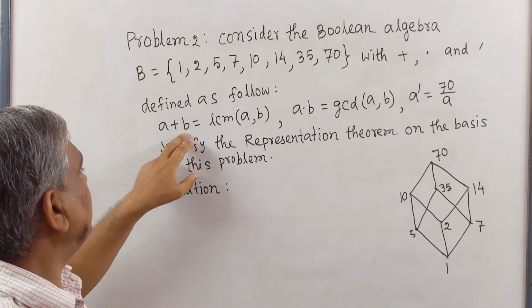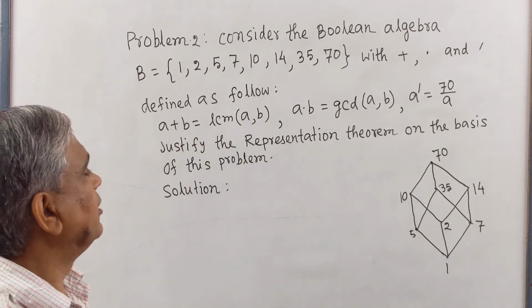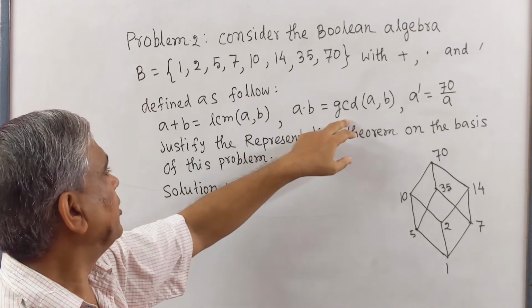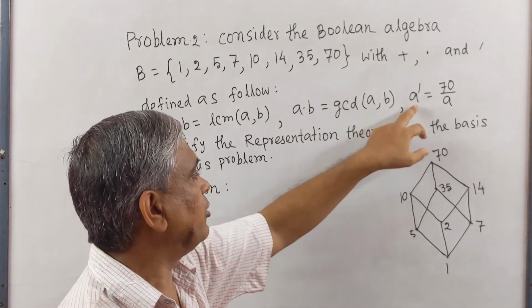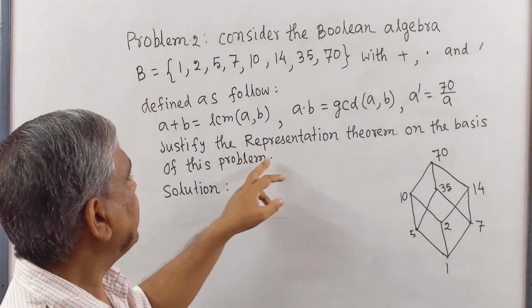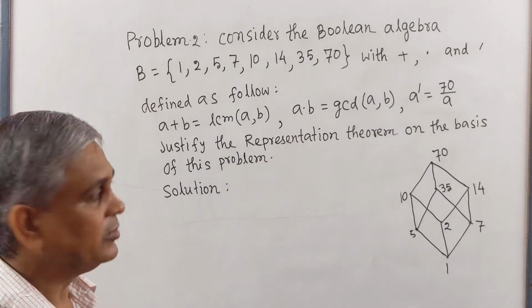A plus B equal to LCM of A and B. A dot B equal to GCD of A and B, and complement of A equal to 70 by A. Justify the representation theorem on the basis of this problem.